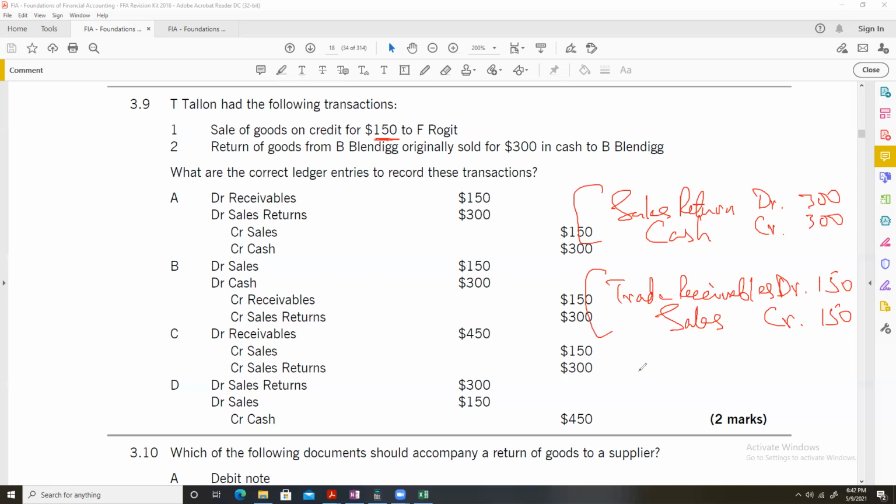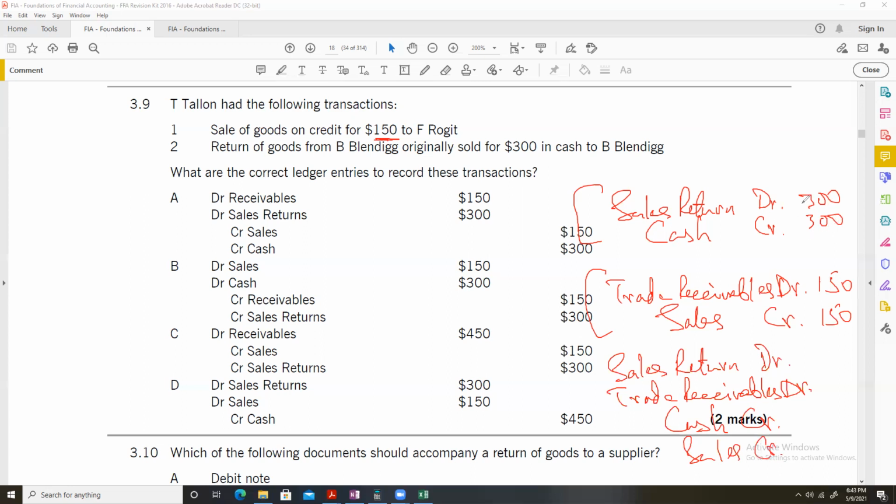Then it will become like sales returns debit, trade receivables debit, cash credit, and sales credit.